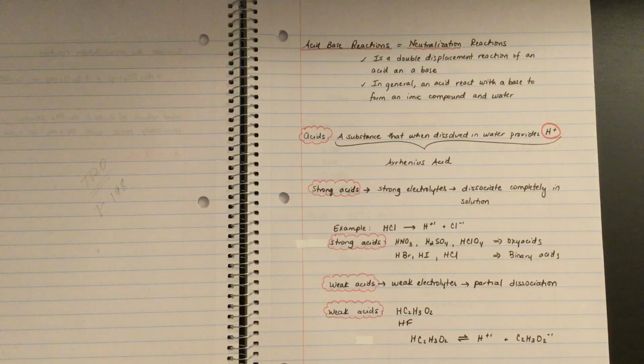Acid-base reactions are an example of double displacement or double replacement reactions. So you're going to have an exchange of everything in your actual reaction, positive ions with negative ions, in a similar way to what you have with precipitation reactions.